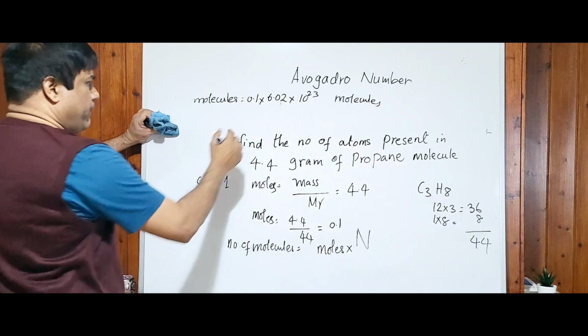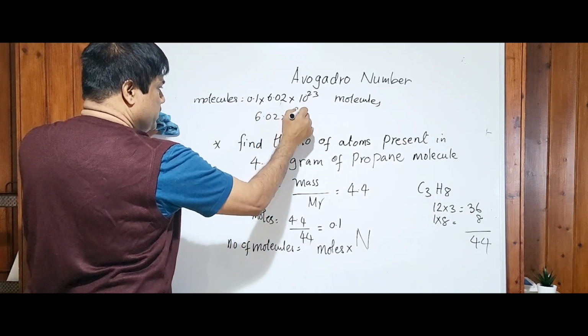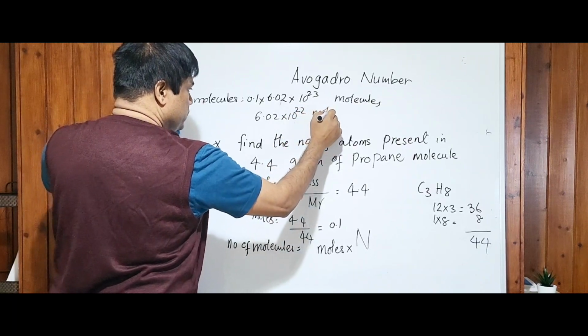Okay, so 6.02 into 10 to the power of 22 molecules.